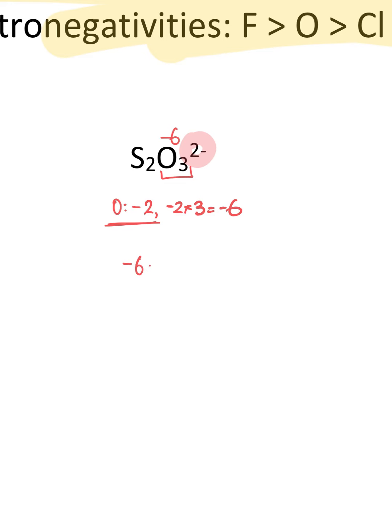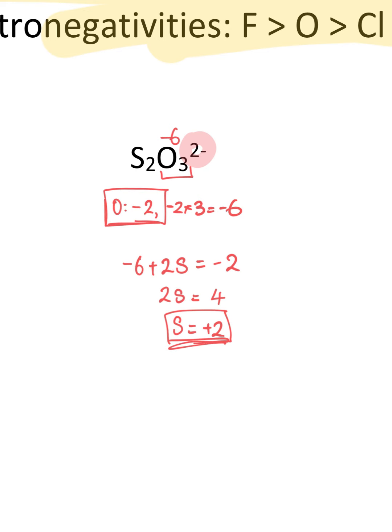So -6 plus 2 of the sulfur is going to equal -2. So 2 of the sulfur is going to be +4, which means sulfur must have an oxidation number of +2. So there's our answer: oxygen has -2 and sulfur has +2.